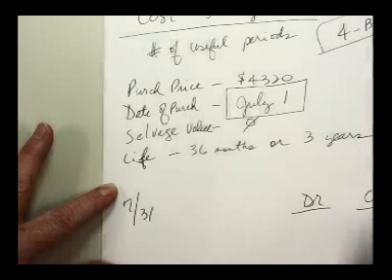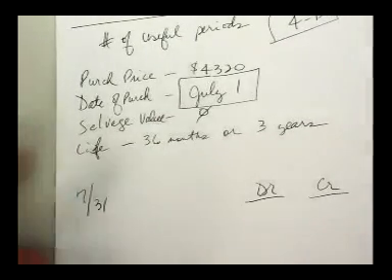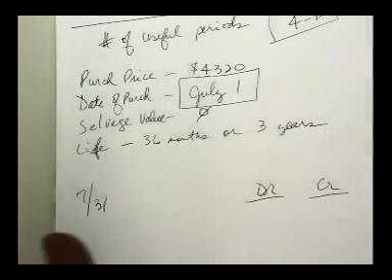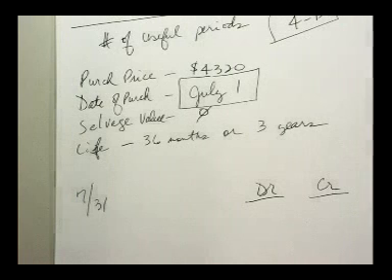How many months are we going to reflect the depreciation in this journal entry? If I bought it on July 1st and today's July 31st, how much time has transpired since I bought it? A month. 1 month.